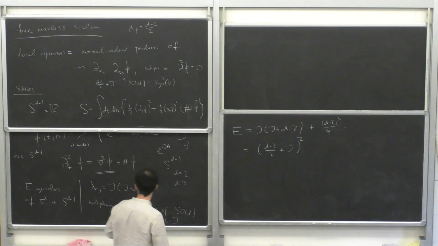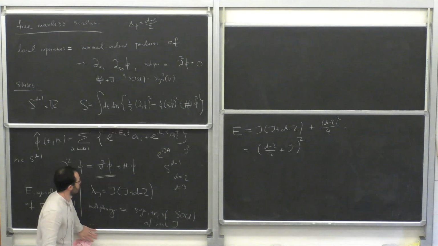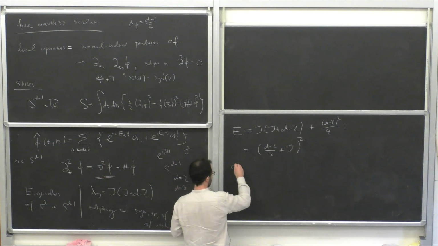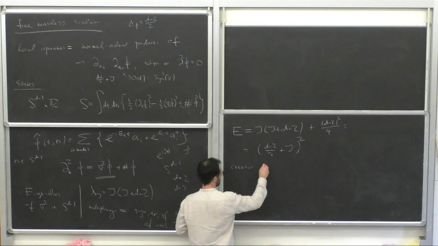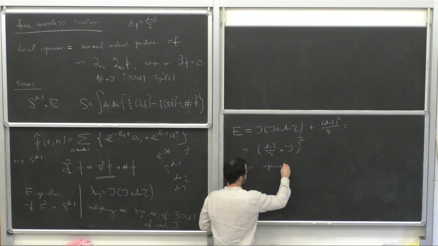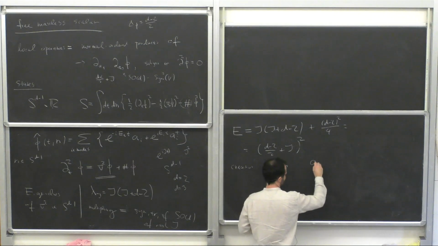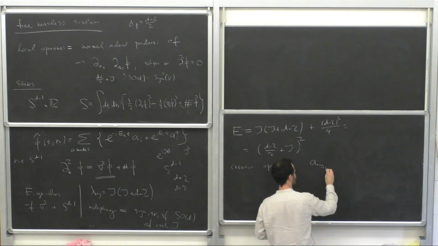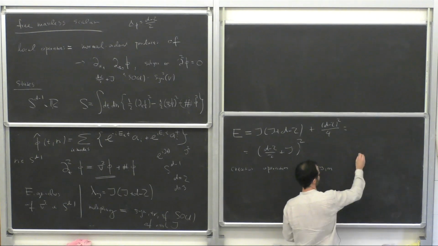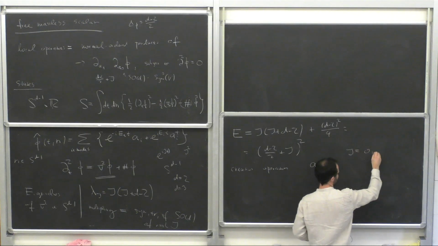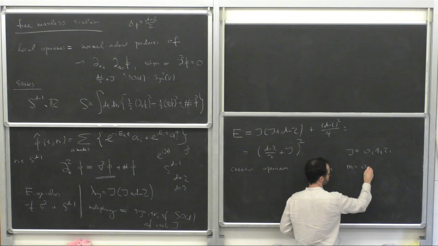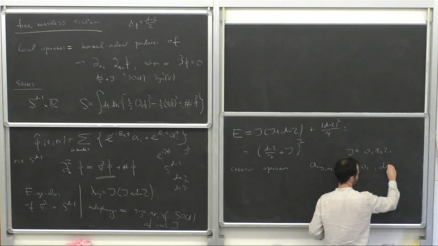So, okay. In other words, the creation operators can be labeled as A_jm, where j runs from 0 to infinity, and m runs from 1 to the dimension of this representation.